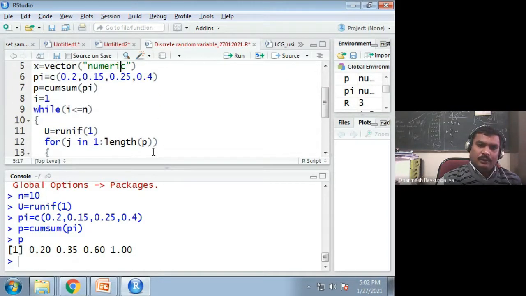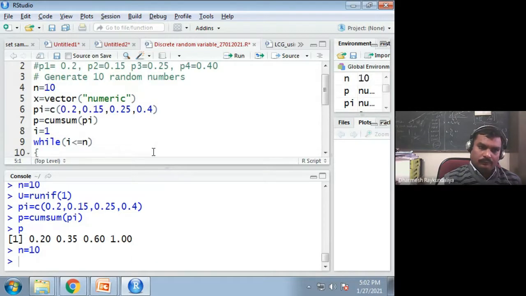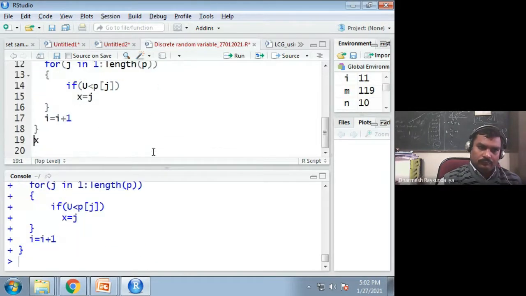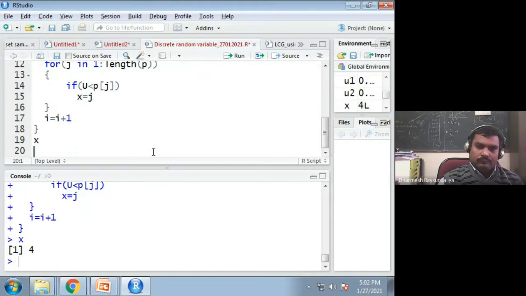So let me check whether it is working or not. Why is it like this? Because here I have taken only x. It is the x of i. Now it is right.